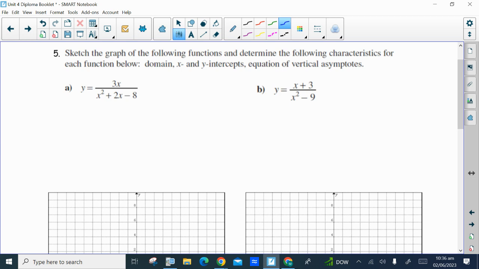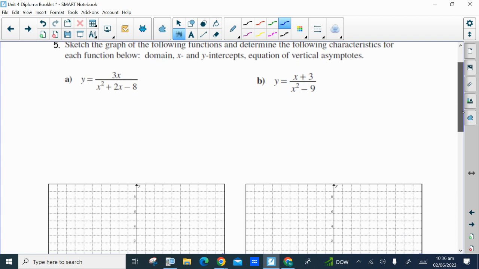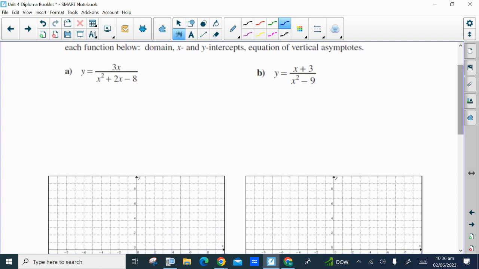Number 5, you're asked to sketch them and determine those characteristics. Domain, x y intercepts, equations of asymptotes. So the first one cannot be simplified. It can't factor the top.